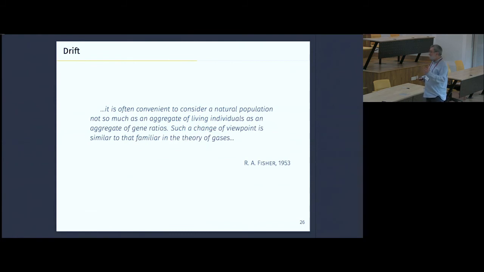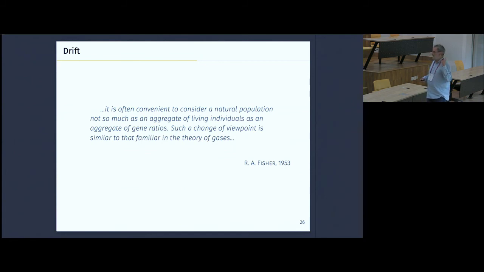Right, okay, and this is very interesting. So I just tell you what happens. In the case of the neutral Wright-Fisher model, the time to fixation is proportional to the size of the population.